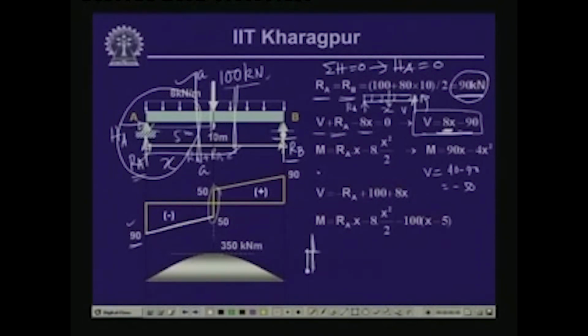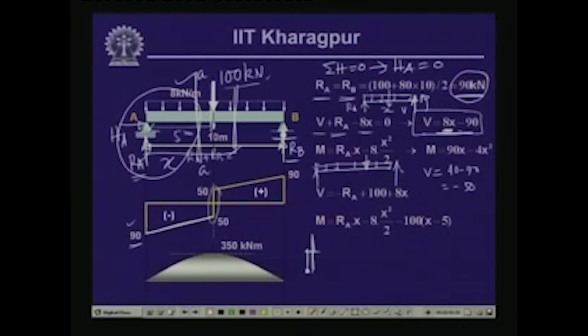And if we draw the free body diagram of this particular portion, then we have the reactive force RA, we have the concentrated load which is at a distance of 5 meter, and we have uniformly distributed load over the entire length of x.